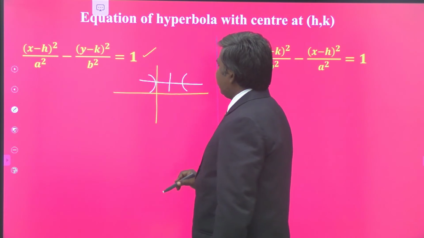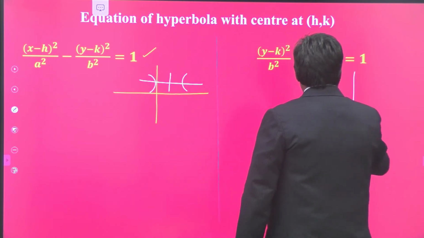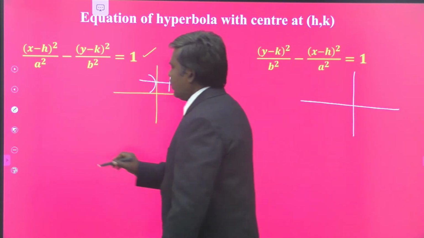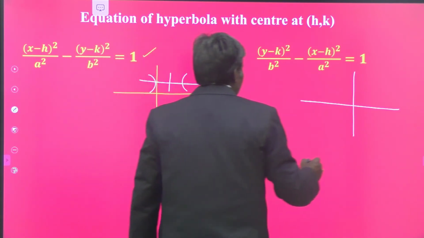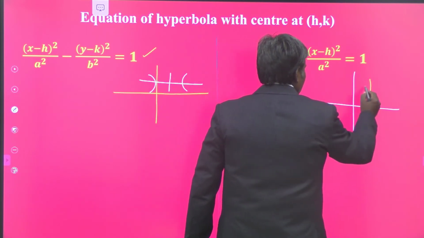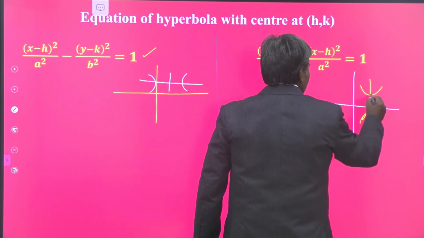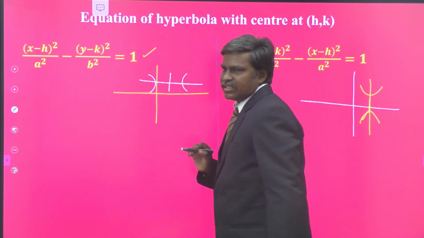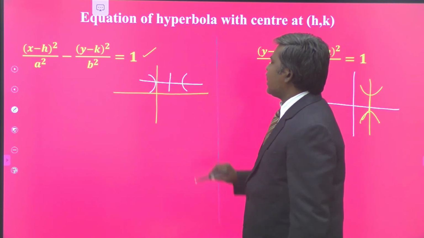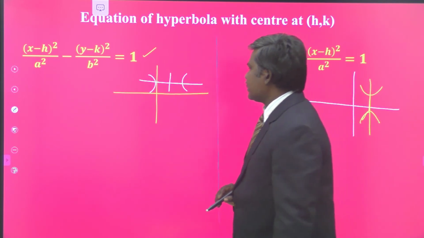This is the conjugate axis. Here your coordinate axes are in this manner, your hyperbola may be in this manner. This is your transverse axis. Here the transverse axis is parallel to x-axis, here the transverse axis is parallel to y-axis.